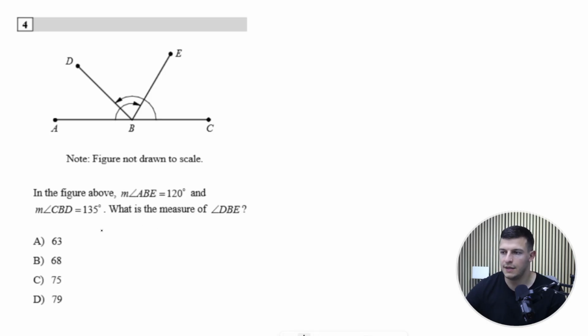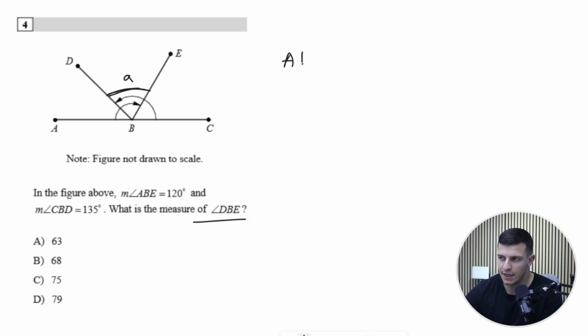In the figure above, ABE is equal to 120 degrees and CBD is equal to 135. What's the measure of DBE? All right, so ABE and CBD have an overlap, which is this part. DBE is the overlap, so they both have that piece. Again, this is similar to the previous questions, which means there has been a double counting.